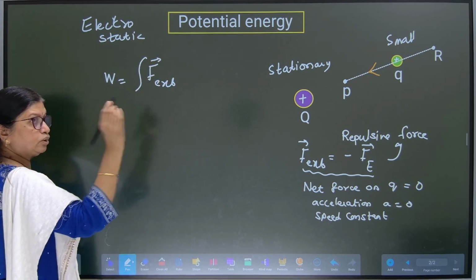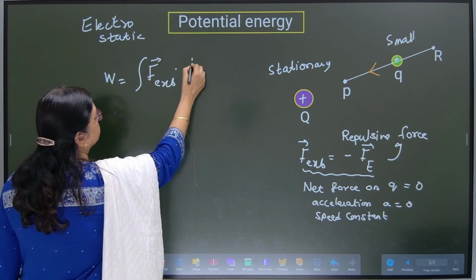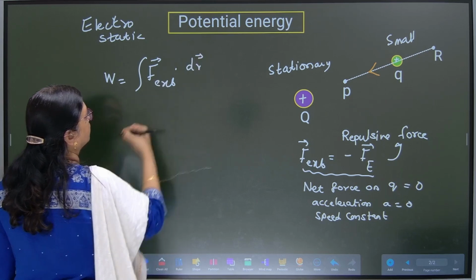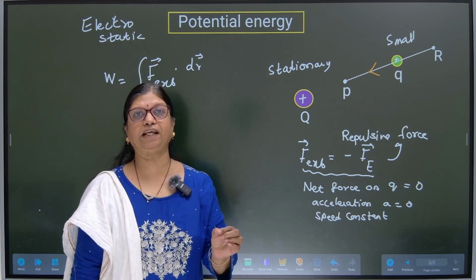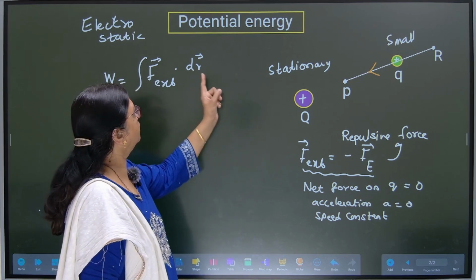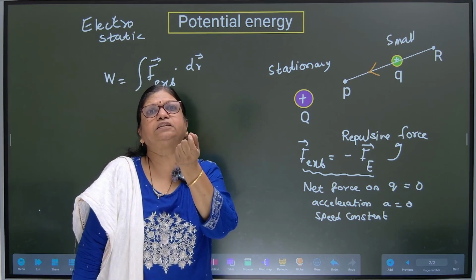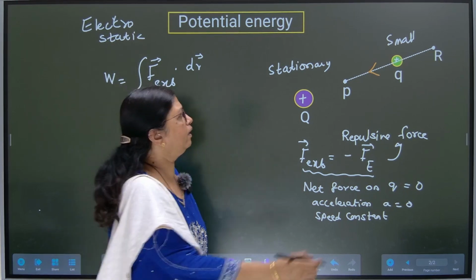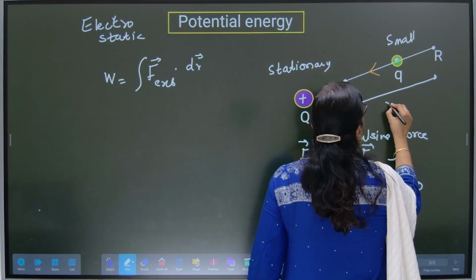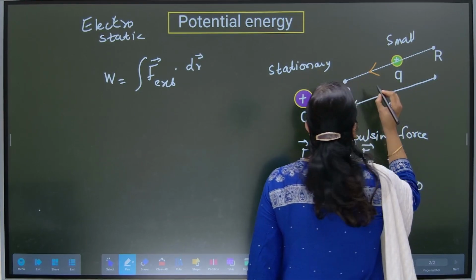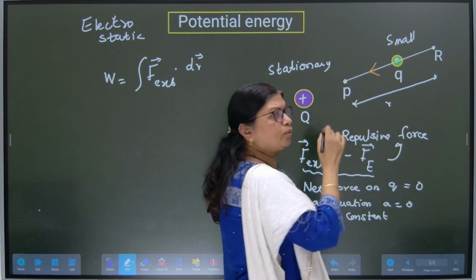From our knowledge of 11th standard, work is a dot product of force and displacement, where dr is the smaller displacement here in bringing the charge from R to P.